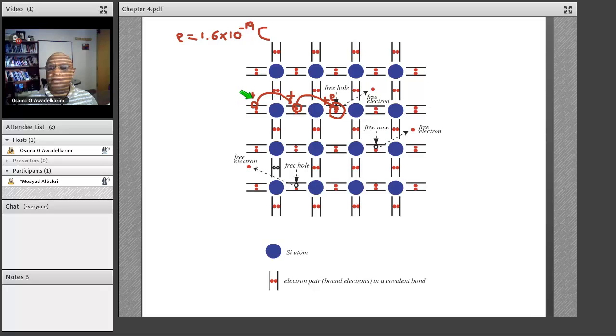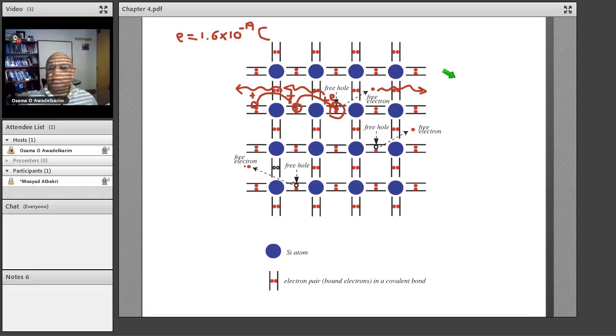So just like this electron is able to move and is free, this positive charge or hole is able to move, and it is actually free. With very little energy, it can move. So what we get when you have a free electron is that it leaves behind a free hole. And this is a very interesting concept.